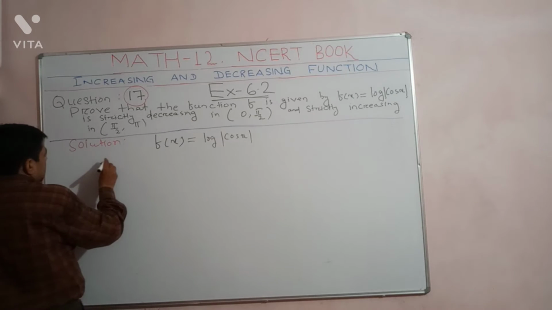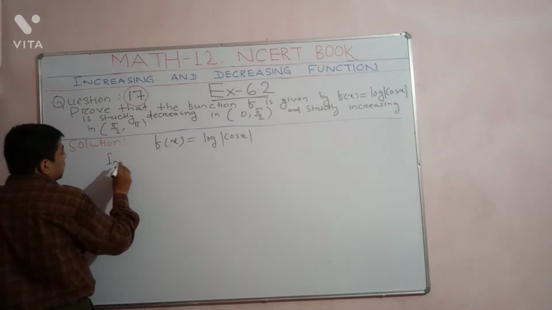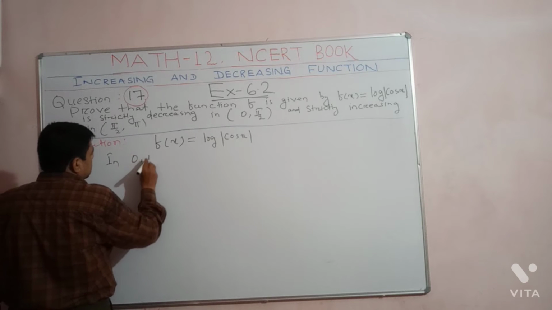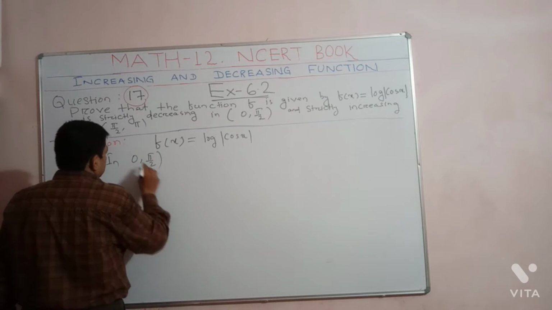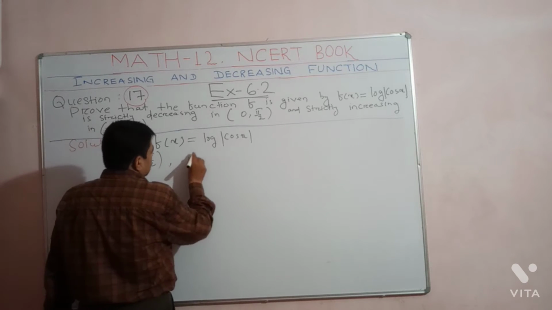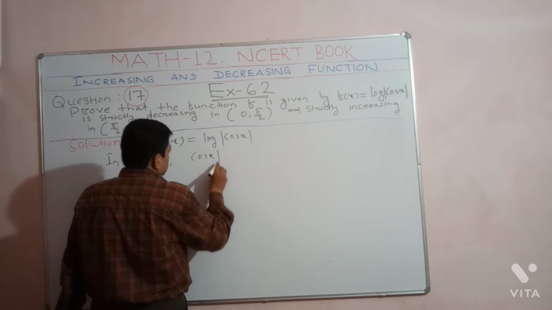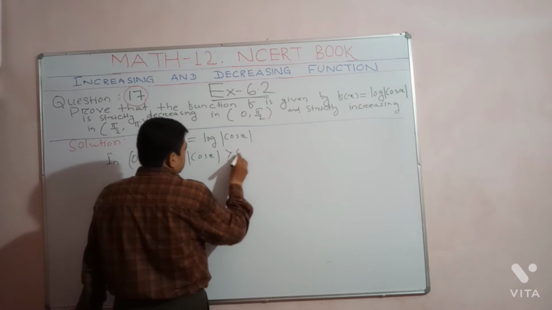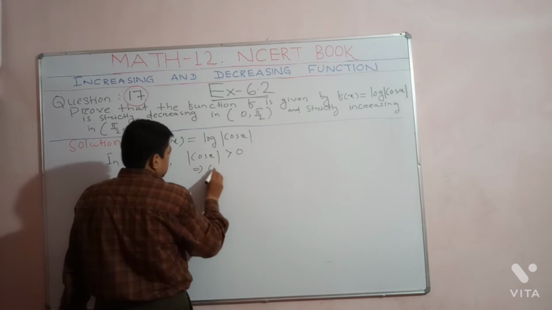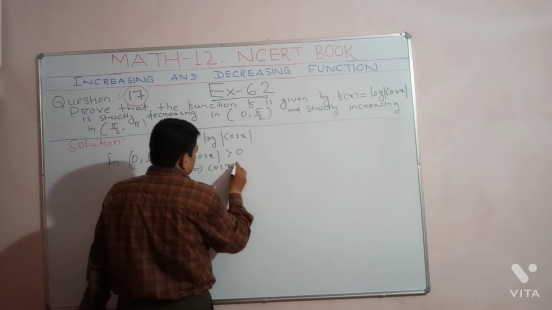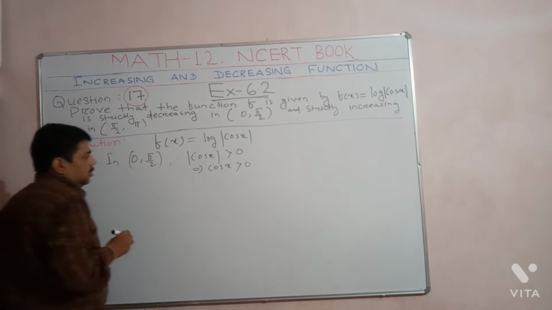So you see, in the first quadrant, modulus of cos x is greater than 0. That implies cos x is also greater than 0. Understand or not?